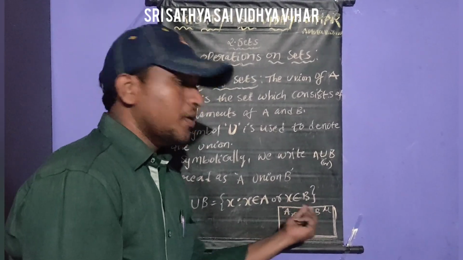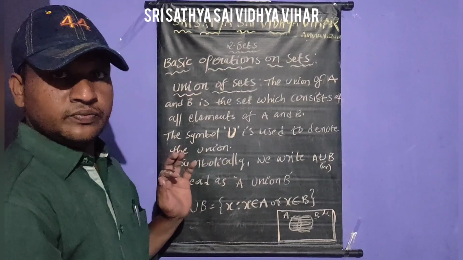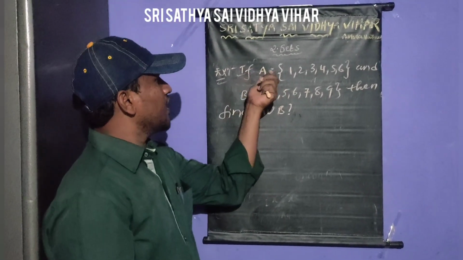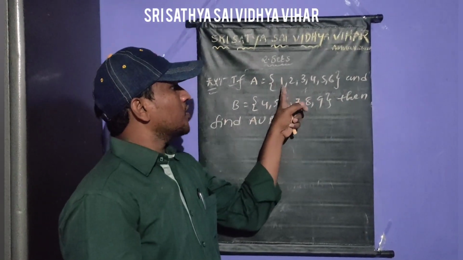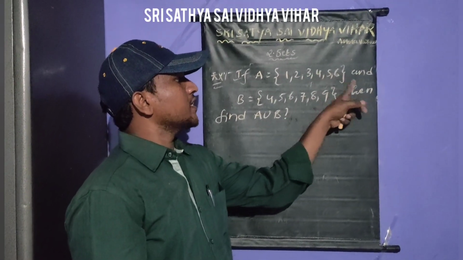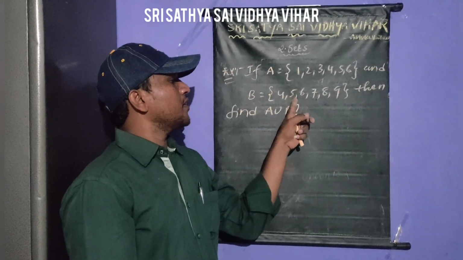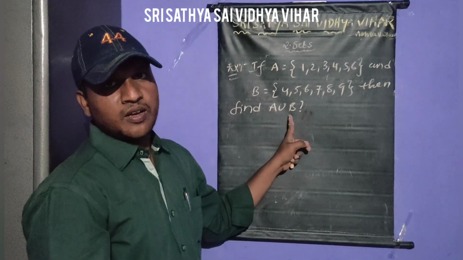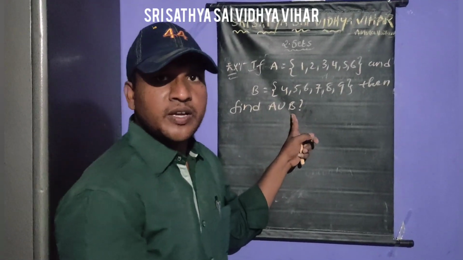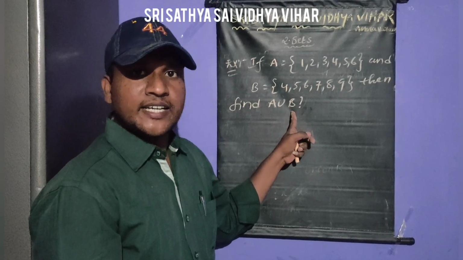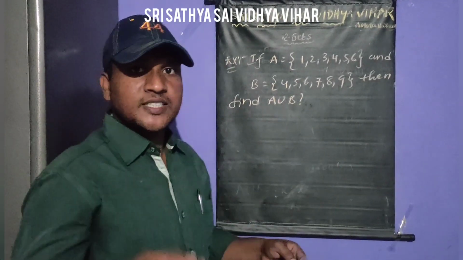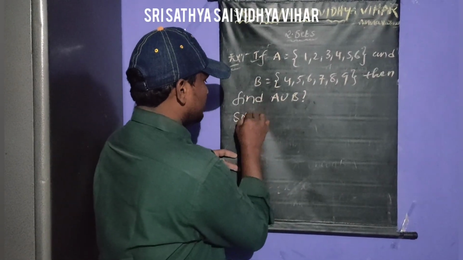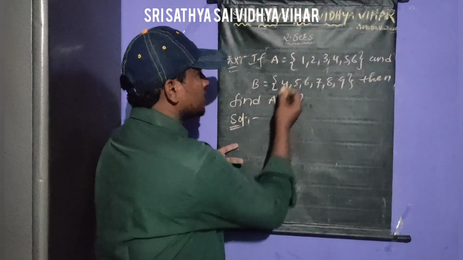For example, if A is equal to the set 1, 2, 3, 4, 5, 6 and B is equal to 4, 5, 6, 7, 8, 9, then find A union B. Already we know A union B is all elements in sets A and B. First, what is given?